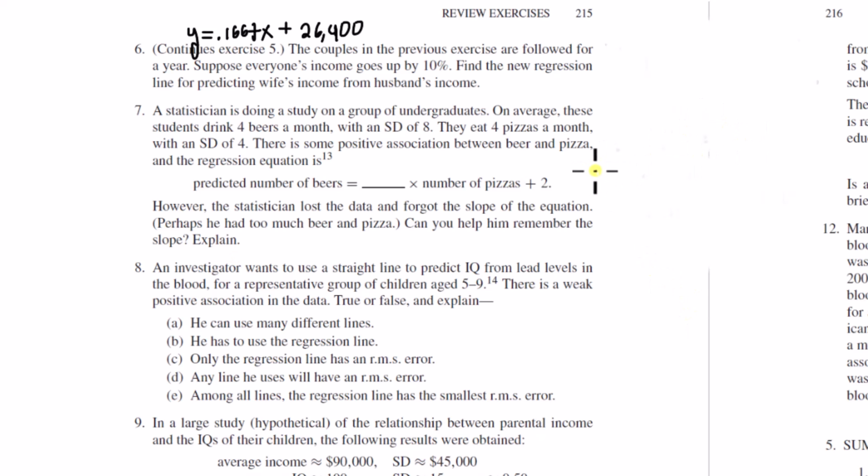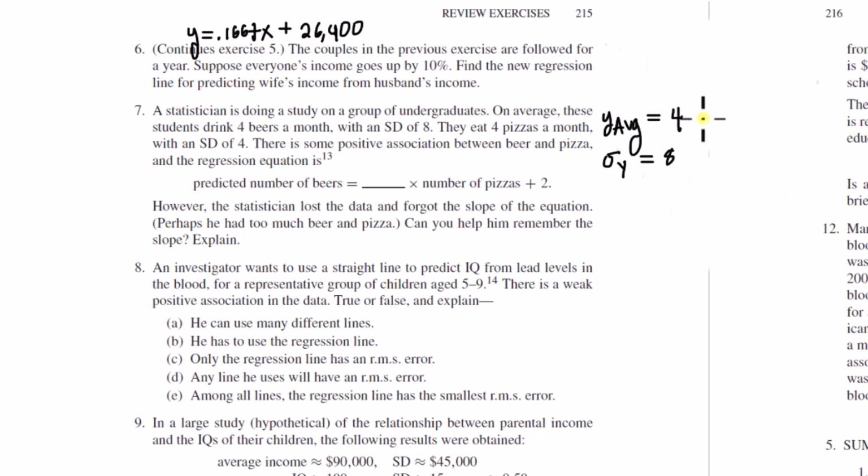We've got the y, the output, which is related to the beers drank. So y average is equal to 4. Then the standard deviation in the y they gave us as well, right? 8.